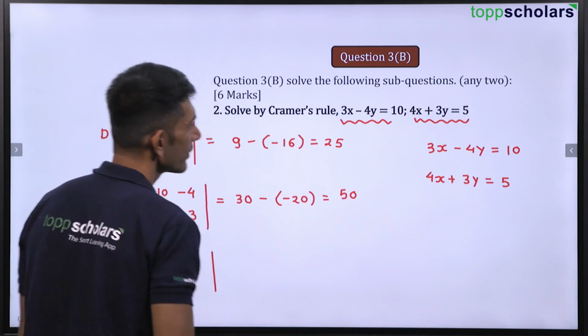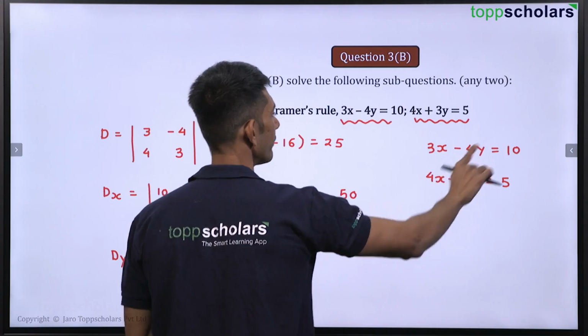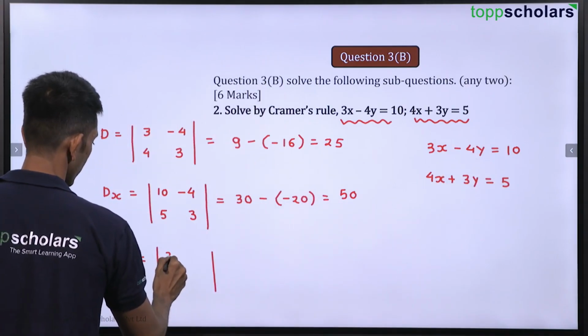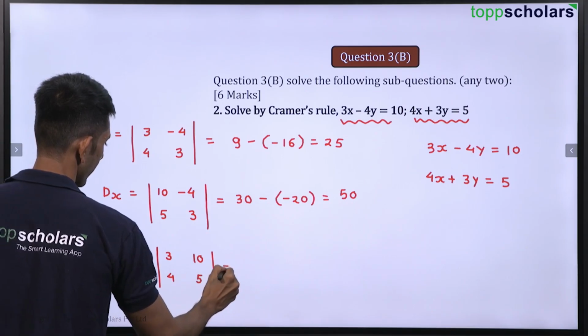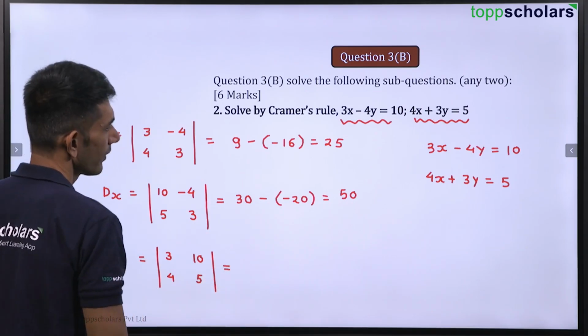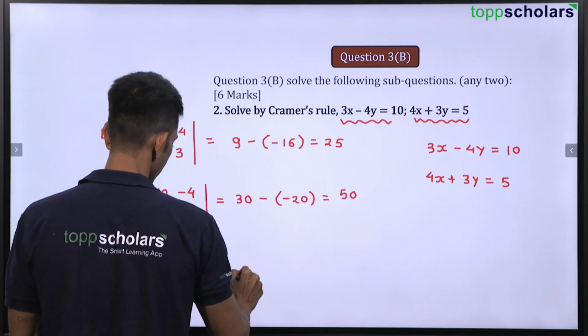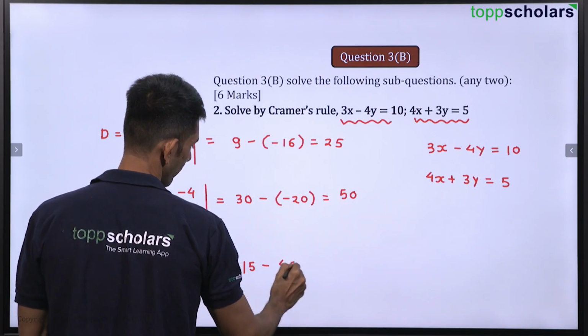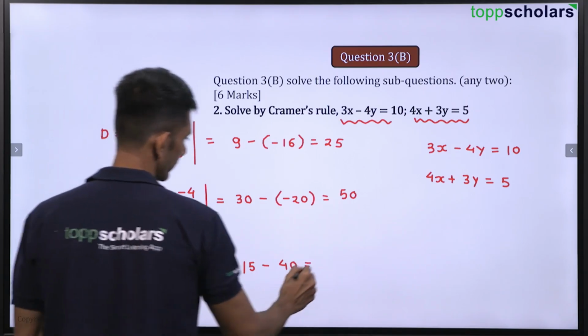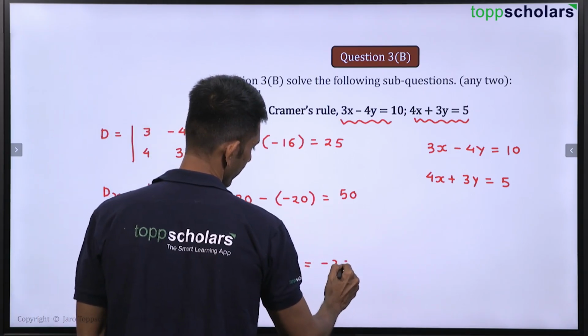And then what is Dy? Dy is, you ignore y, 3, 4, 10, 5. 5 3s are 15 minus 10 4s are 40, that is minus 25.